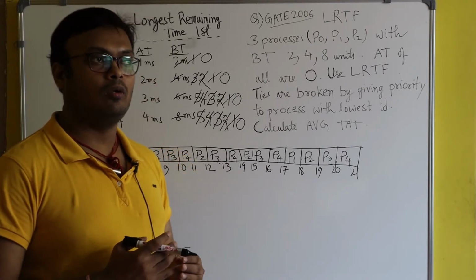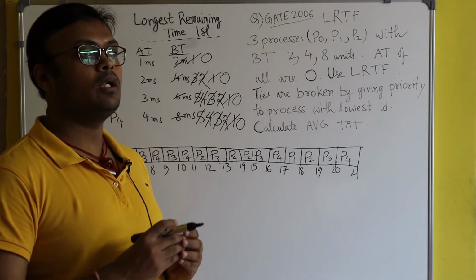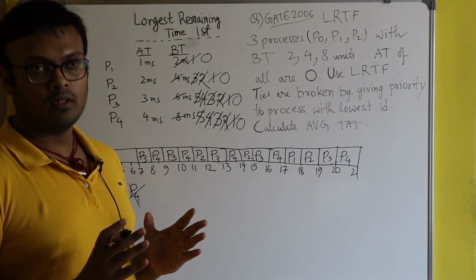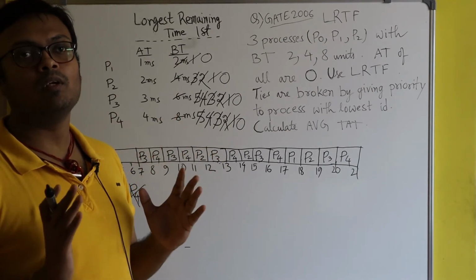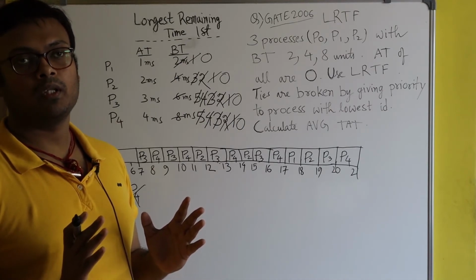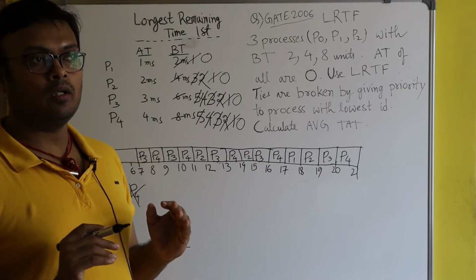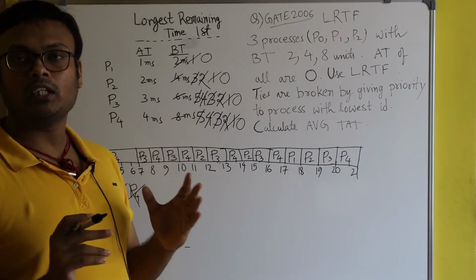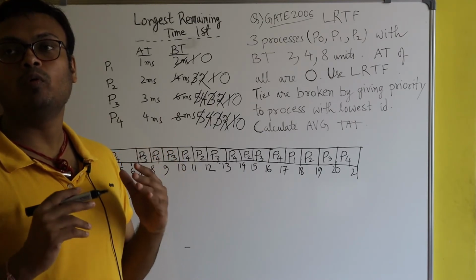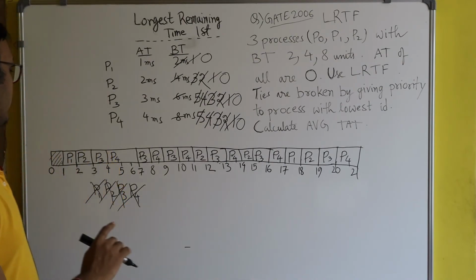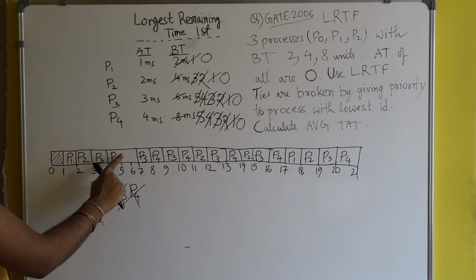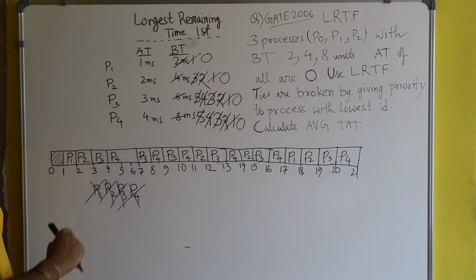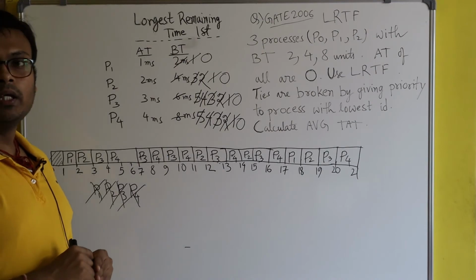LRTF algorithm means the response time of the process with the largest burst time will be less. In order to get the CPU, the process with the largest burst time will not have to wait longer, because here after 4 milliseconds process P4 got the CPU so early.